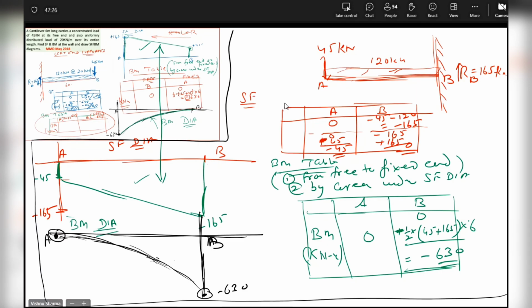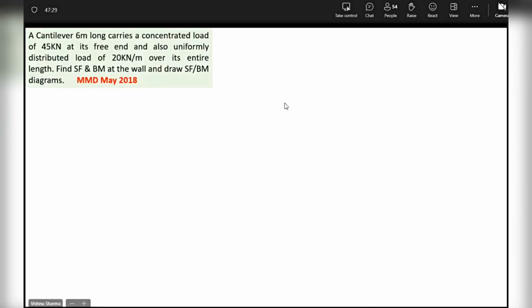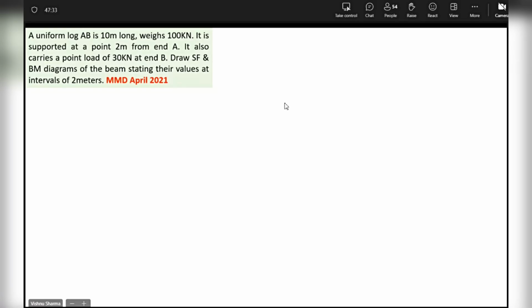I take the last of the questions on beam. This one, guys. No, this is the same one. I take this one. You see, what has it done? A uniform log AB, 10 meters long, weighs 100 kilonewton. It is supported at a point 2 meters from end A, single point support.